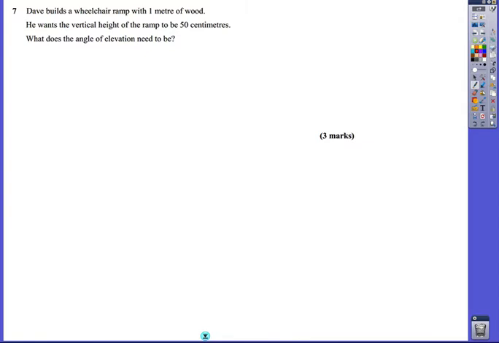Okay, moving on to question 7. To build a ramp, let me just explain to you what a ramp looks like on this question. So imagine here is a little curb from the road. So here's the curb and here is the ground.